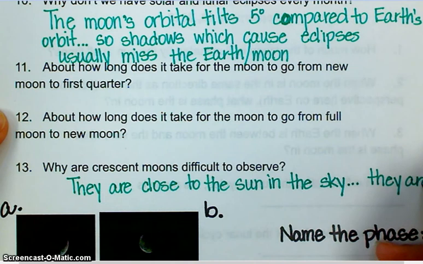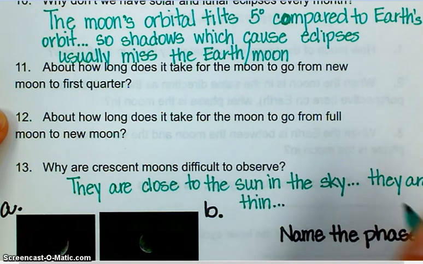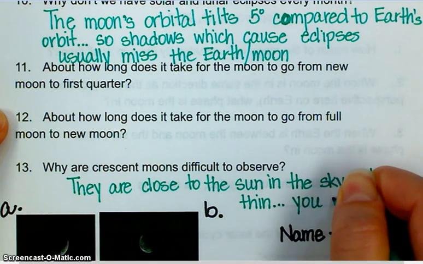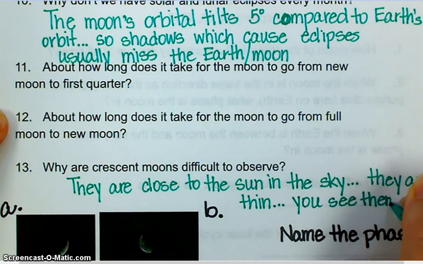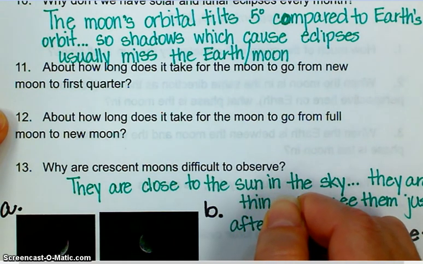They are thin, but you can still see them. You'll only see them when? Sunset. Just after sunset for a waxing crescent.